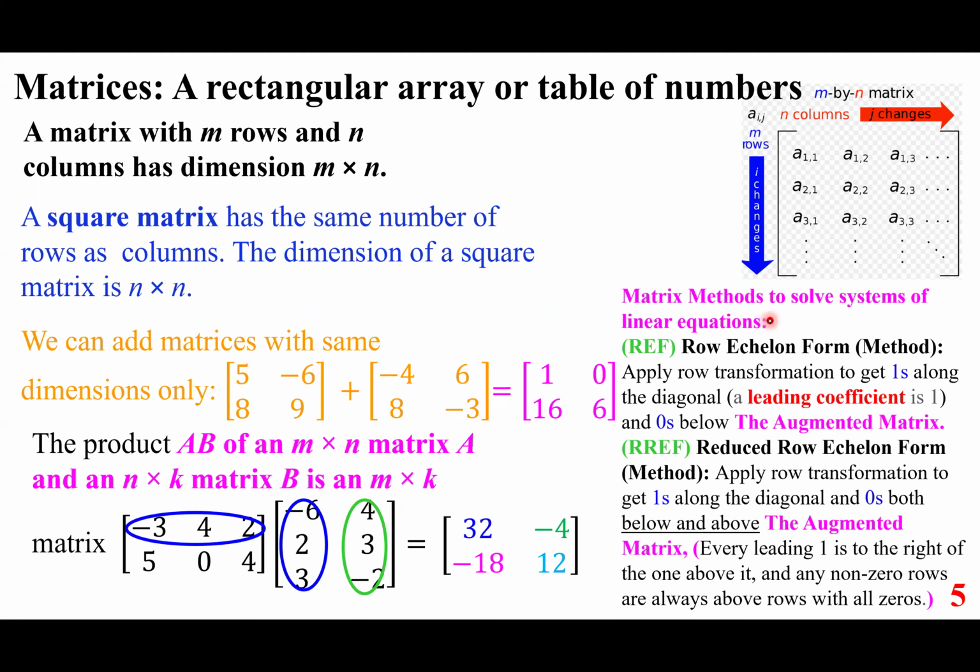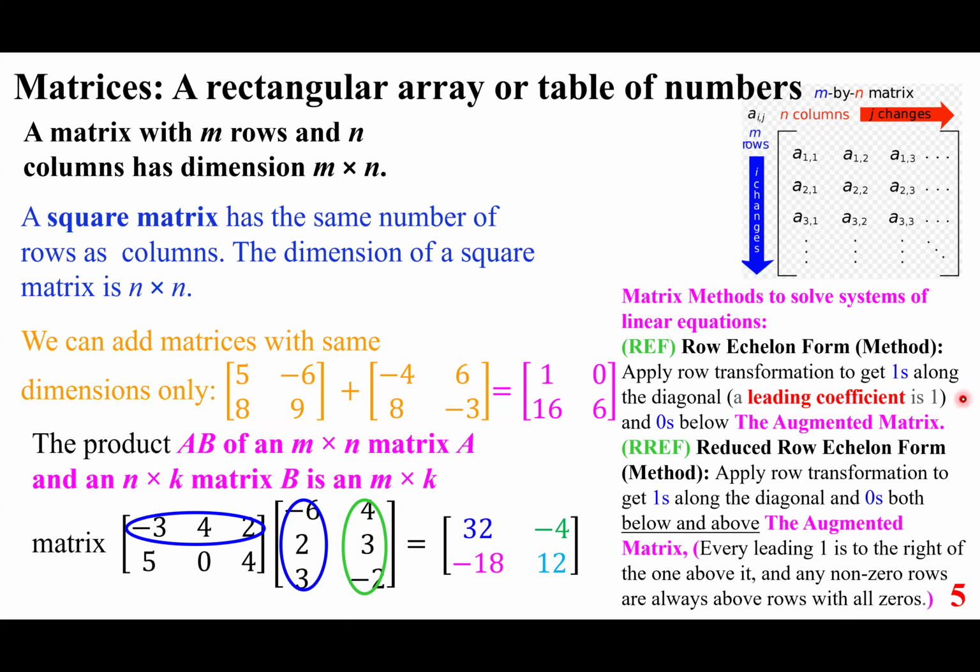Matrix methods to solve systems of linear equations. REF stands for row echelon form method. Apply row transformations to get ones along the diagonal. This is called the main diagonal.